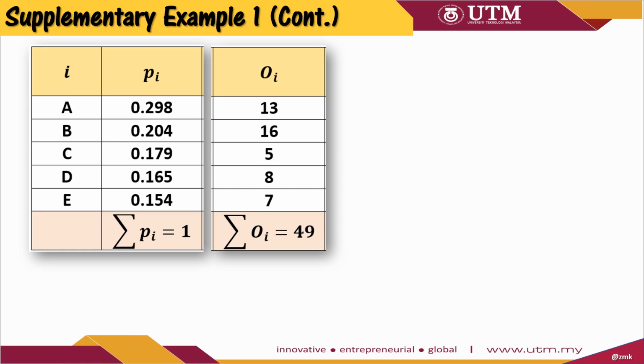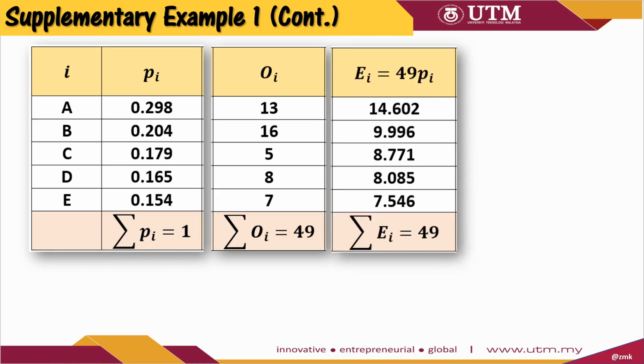After listing the Oi values, since the Pi values are known, you can immediately list down the corresponding expected values Ei, where Ei is n, which is 49 in this example, multiplied by the respective Pi. As we know, the sample size n is also the total frequencies or the total observed values Oi.